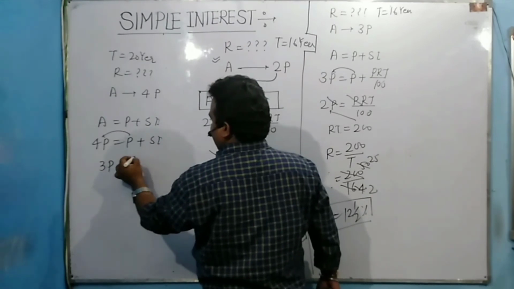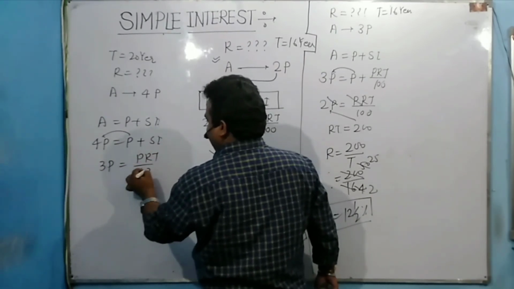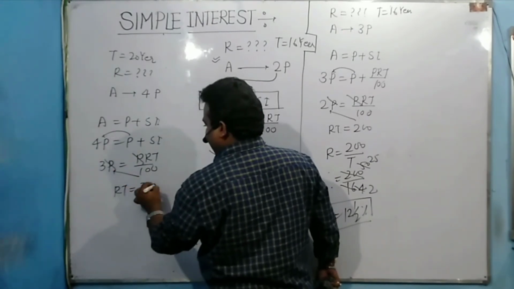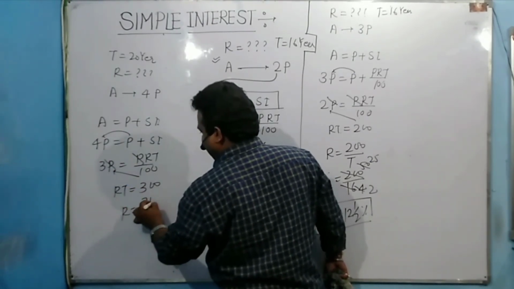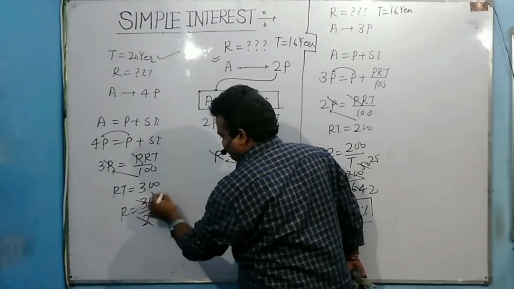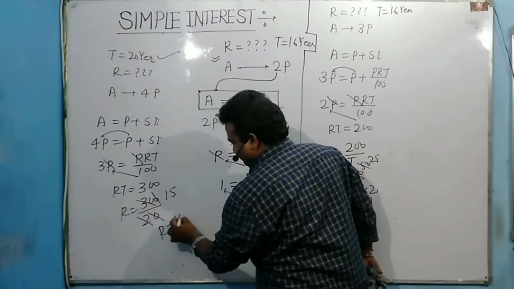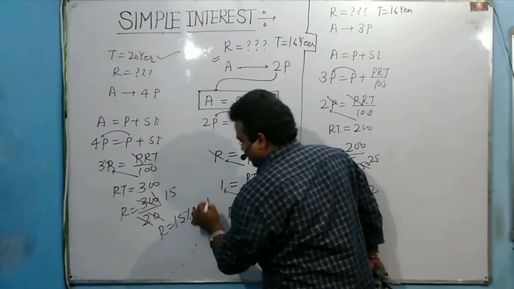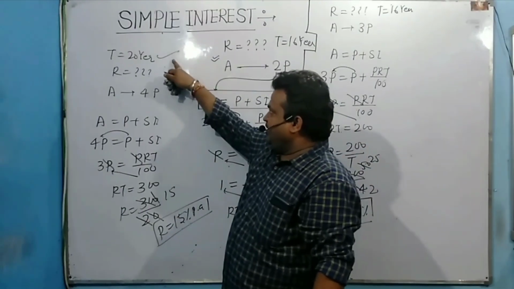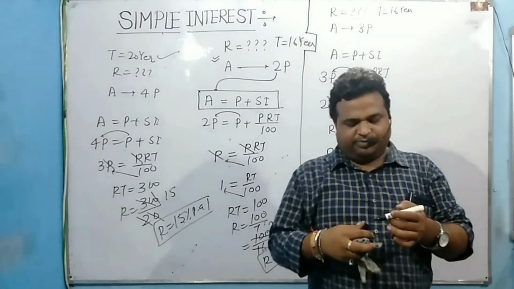SI formula is what? PRT by 100. P and P gone. So RT is equal to how much? Cross multiply 300. R is, in this case, since T is what? 20 years. So I can put over here. This value is 15. So R is 15% per annum. So at the rate of 15% per annum, after 20 years, my accumulated amount is 4 times of principal.